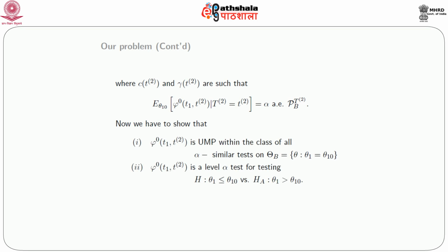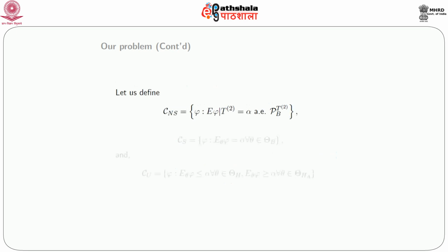Now we have to show that number 1, phi naught is UMP within the class of all alpha similar tests on script theta B, and number 2, phi naught is a level alpha test for testing H: theta 1 less than or equal to theta 1 naught versus HA: theta 1 greater than theta 1 naught.